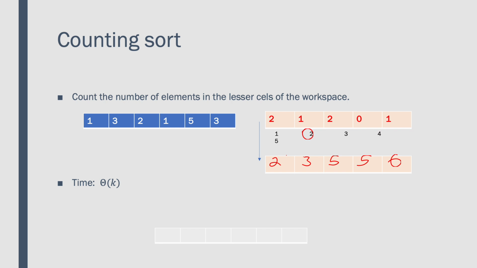So this is how we're doing the calculation step by step. It starts from index 1 and adds the value of the previous index to the current index, and this accumulates the counts, giving us the total number of elements that are less than or equal to the current index.